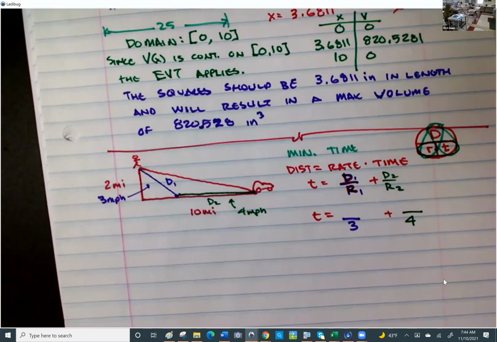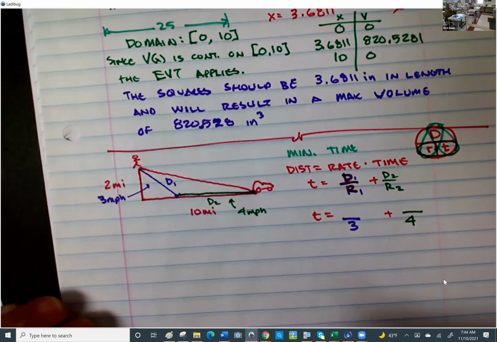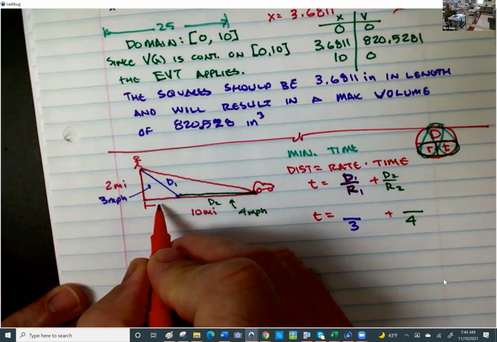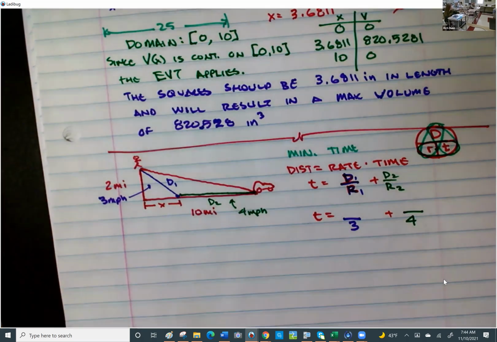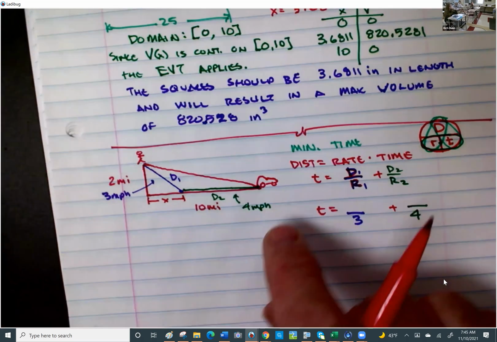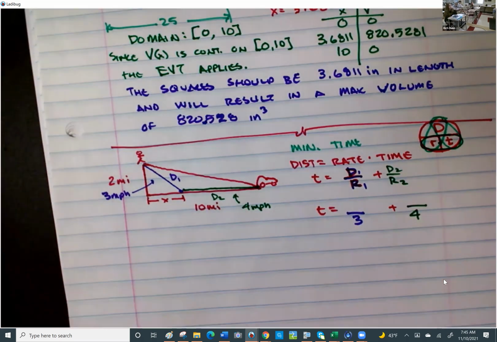Now we need to get just one variable in our numerator. Okay? And what I want to introduce is this length from here to here, and let's call that x. I like to choose that distance for the x rather than the other one, just because it helps out a little bit with the math.